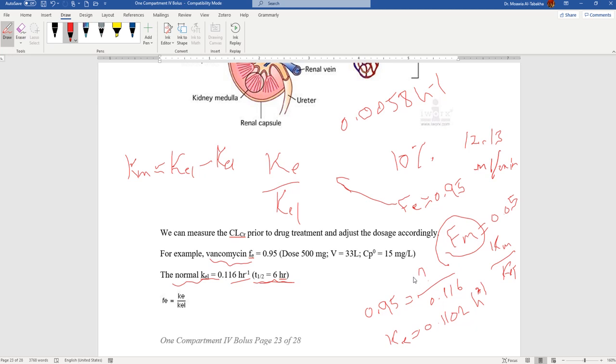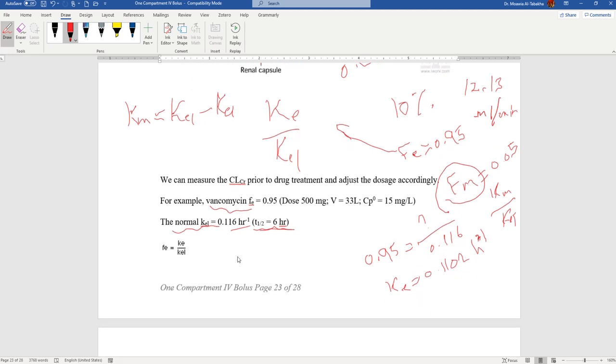Now what I did is everything regarding a normal patient. Now for this patient that I want to treat with vancomycin, we have a problem in the window of excretion, KE, which is the kidneys. The kidney is working at 10% of its ability. So what will happen in this window? It will be 10% of this number.